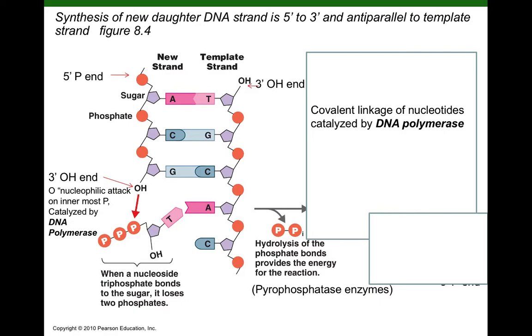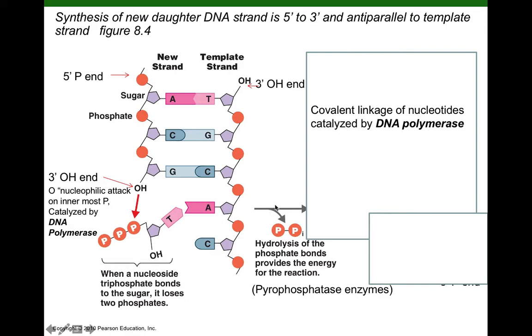The electrons are going to be rearranged, and we're going to have what's called a nucleophilic, a nucleus-loving attack of those electrons on the nucleus of the innermost phosphorus group. So they call it a nucleophilic attack. We'll have electrons rearranged. We'll have a brand new covalent bond formed between this oxygen and the phosphorus of the innermost phosphate group. So this is where the new covalent bond will be formed, right where that broad red arrow is.